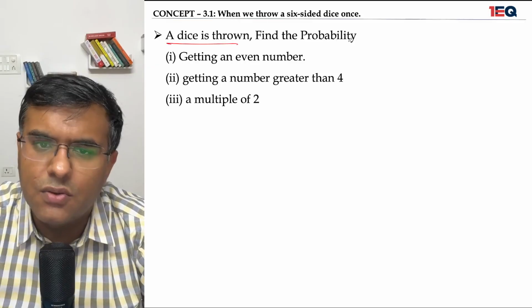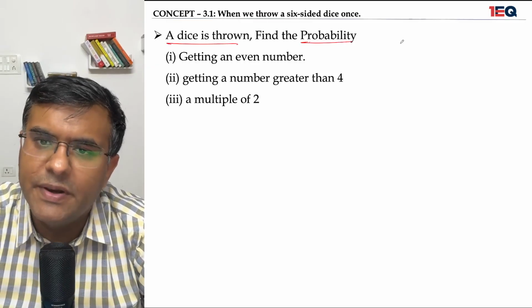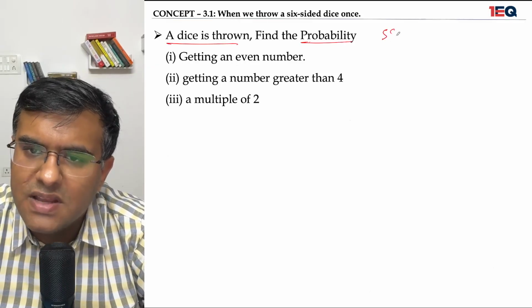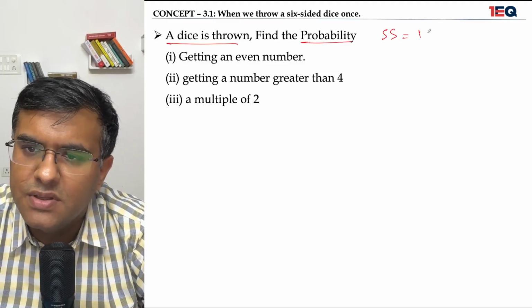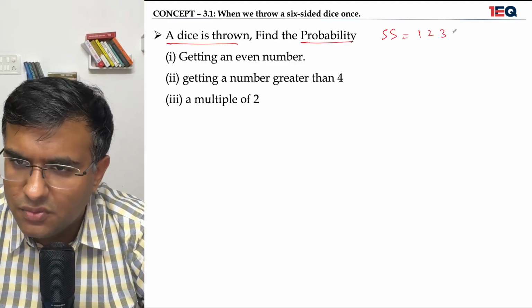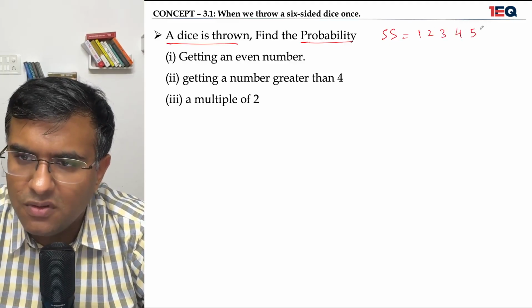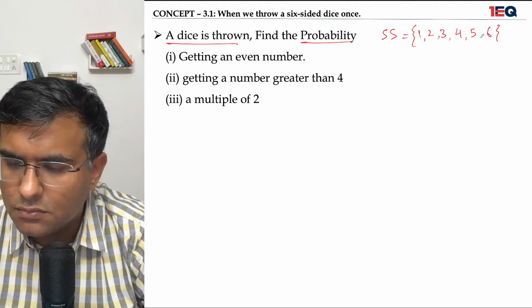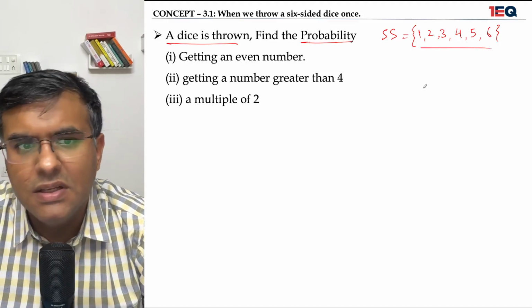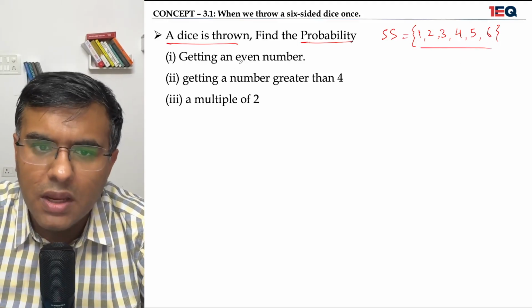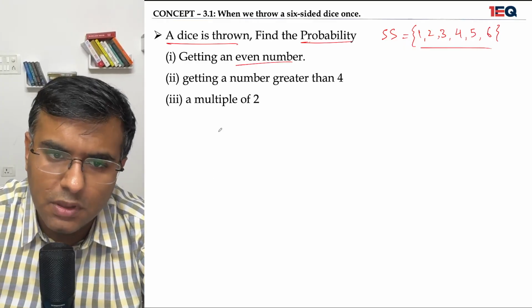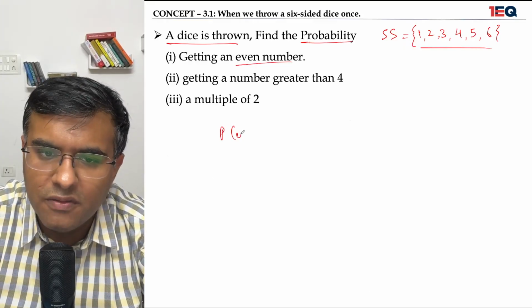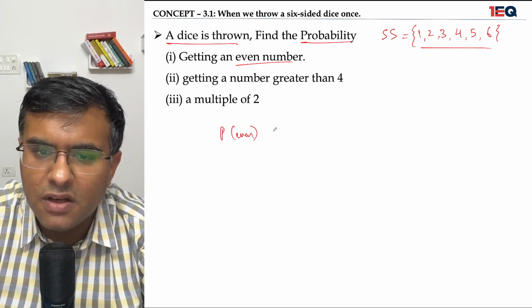A dice is thrown. Find the probability. First of all, the sample space when one dice is thrown is 1, 2, 3, 4, 5 and 6. Now, the probability of getting an even number.